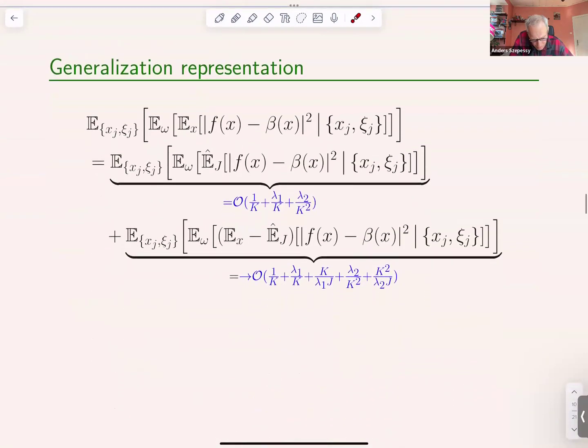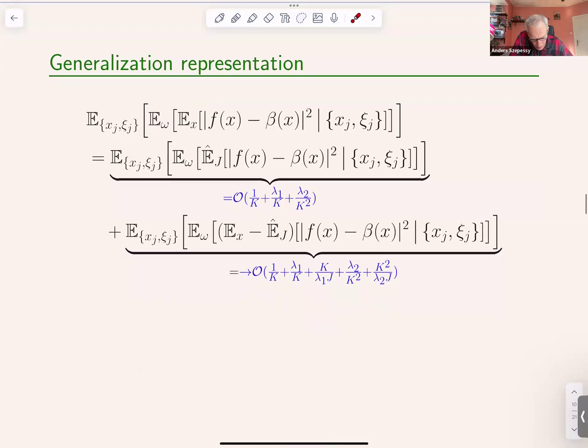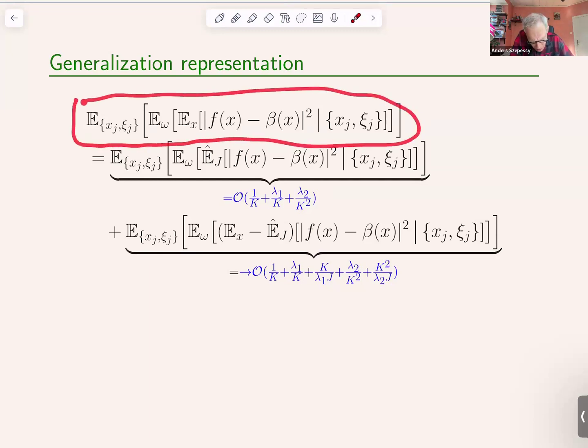Now, the representation for what we want to study is the generalization error. Then we split it up into the training error. So here is the empirical mean instead of the actual mean.